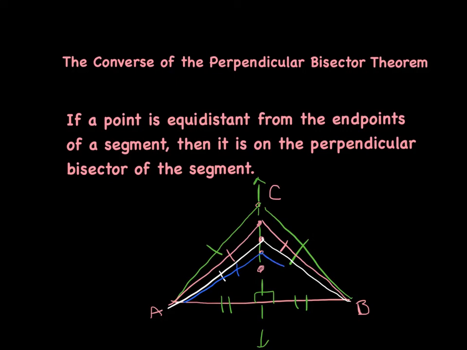Now it gets a little bit crazy here with all these overlapping lines. Let's do one more. Let's do the yellow one. Okay. So as long as each of these are equidistant, then those points would be on the perpendicular bisector.